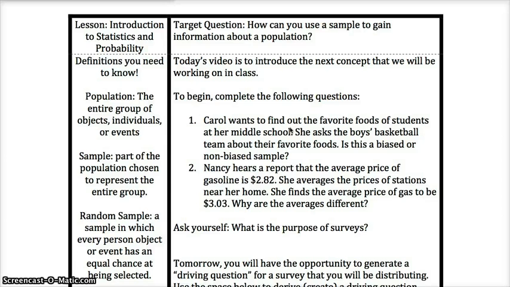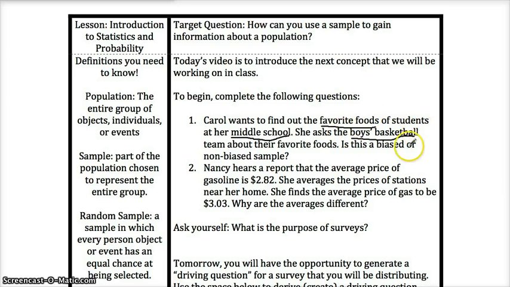So if you think about it, we have to look for the information about who she asked. Well, first of all, what she wants to find out. She wants to find out the favorite foods of her students at a middle school. This is her population. It's a middle school. But she chooses just the boys' basketball team to ask.